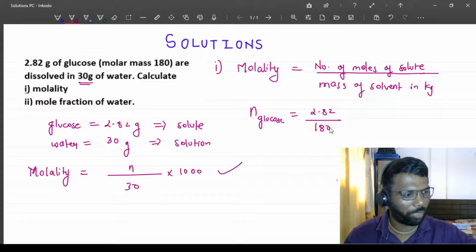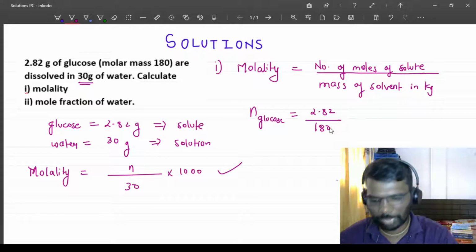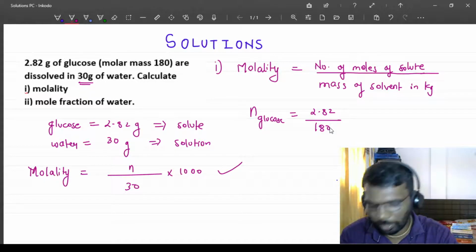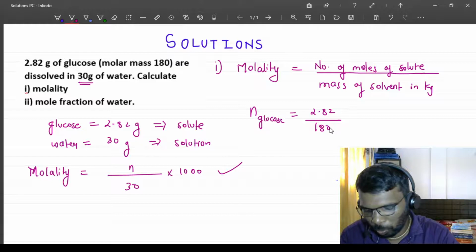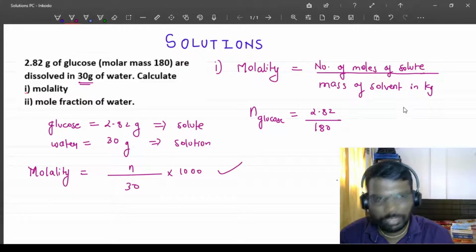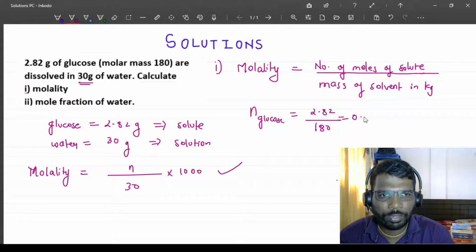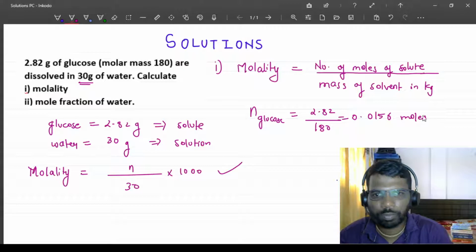Just not to make the video too long, I'll use a calculator to get a quick answer. 2.82 divided by 180 comes to 0.0156 moles, right?